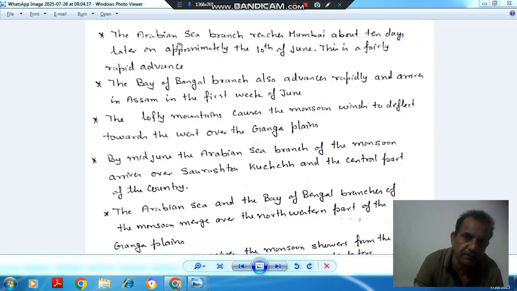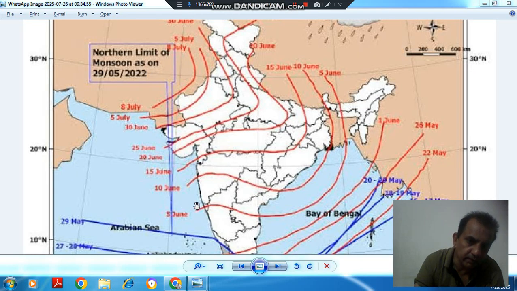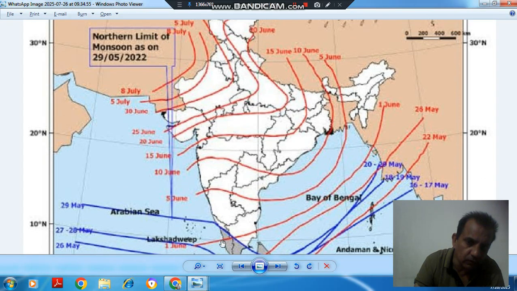Next point is the Arabian Sea branch reaches Mumbai about 10 days later, approximately the 10th of June. This is fairly rapid advance. So this is your Arabian Sea branch, and this is your 10th June scenario. Here we can say it reaches Mumbai, and on 1st June it was in Kerala.